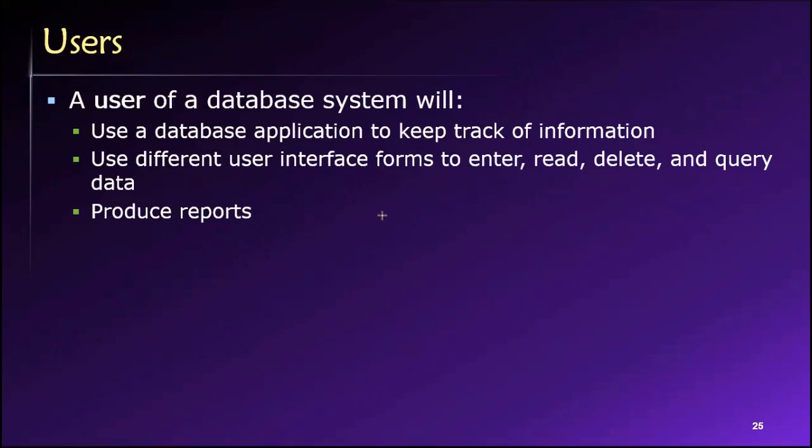But what do users do when interacting with these database systems? Generally, they will use one of these database applications, be it a website, an app on their phone, or installed on their laptop or desktop computer, for the purpose of keeping track of things. You can imagine on your phone, you have things like your contacts, people that you know, and each of those people has little items of information that you want to record about them.